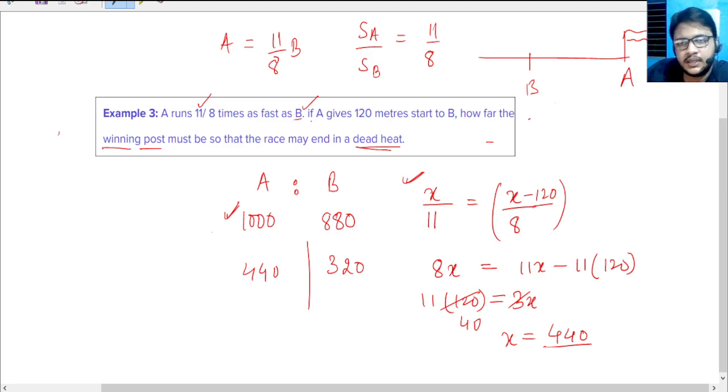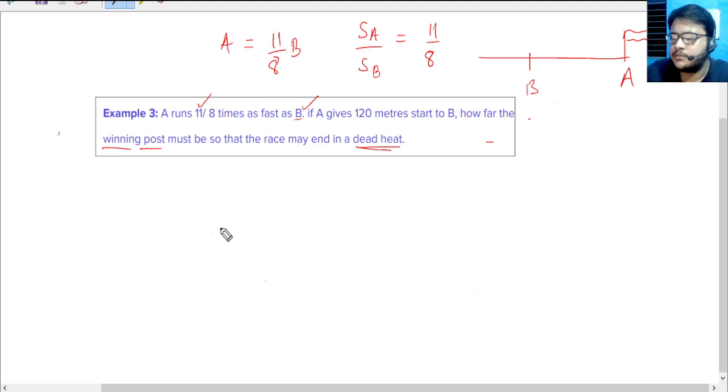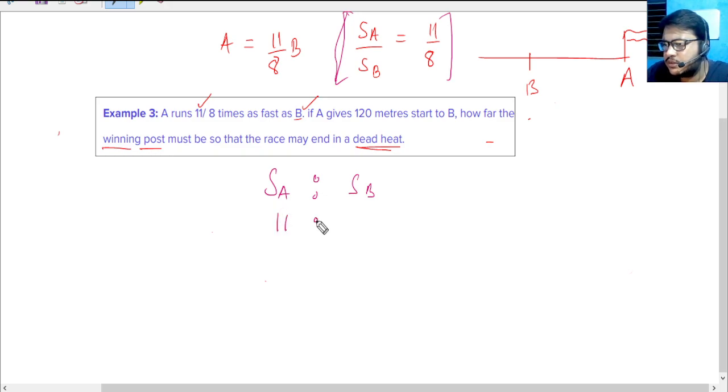Let's discuss another method through which we can solve it. Okay, so everything remains the same. It's just that this time around I'm just looking at the ratios. Speed of A is to speed of B is 11 is to 8, which means in a race of 11 meters, A gains 3 meters.